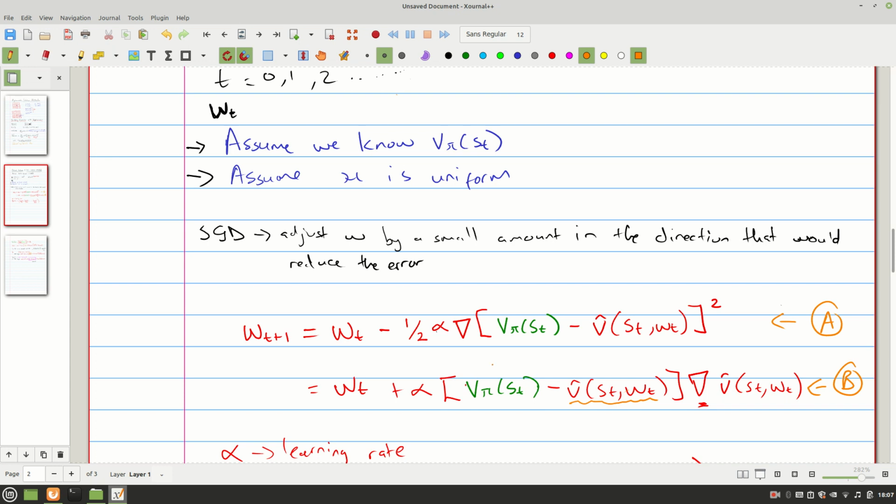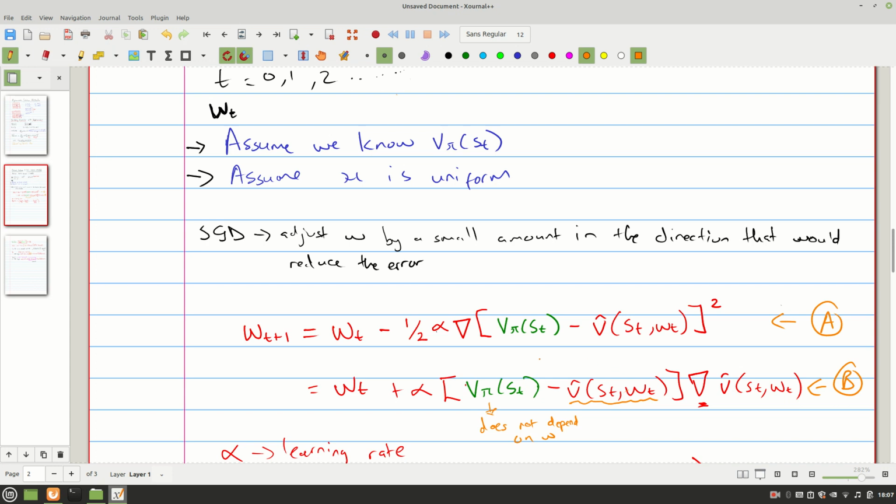And the reason why we did not compute the derivative for this term is because this does not depend on W in this particular case, which is why we didn't compute the derivative of it.